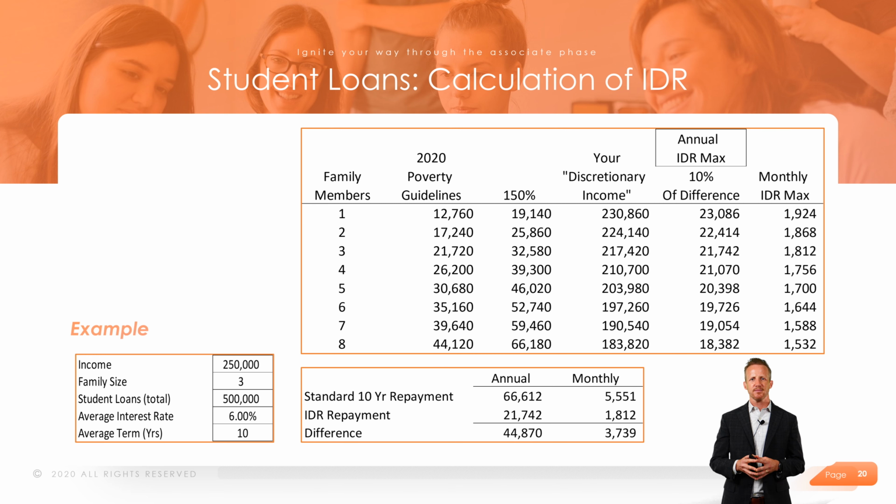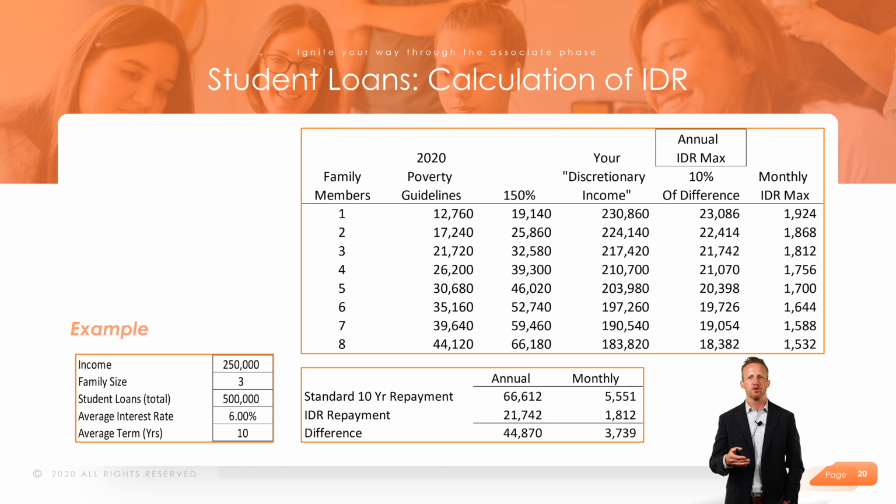Now we're at $32,580. Then we have your discretionary income, and we take 10% of the difference. That difference between your $250,000 and 150% of the 2020 poverty guideline, which is $32,580.